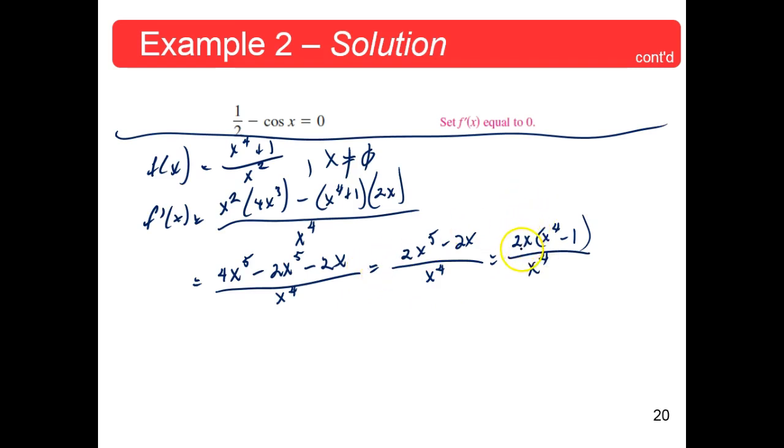Well, I can do one thing here, divide out an x here and make this an x cubed here. Okay? All right. Now, that's a perfectly good form to leave it. I'm going to write it again so you can read it a little better. 2 times x to the fourth minus 1 over x cubed.